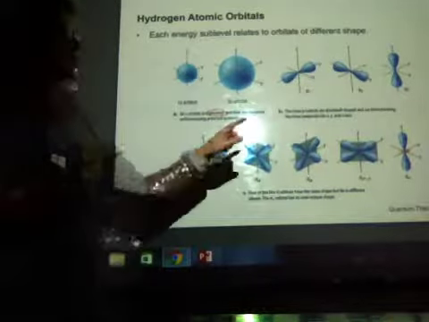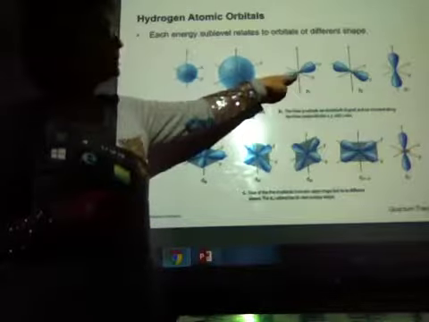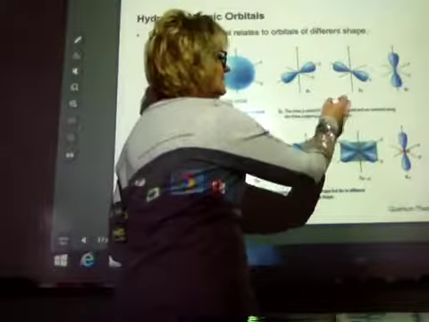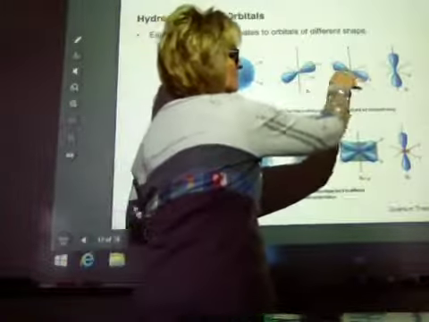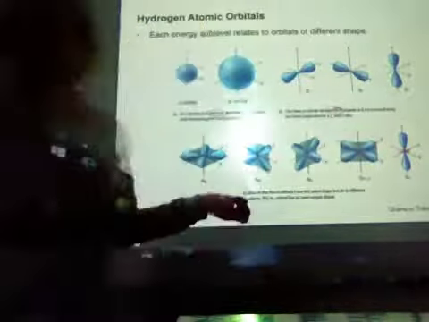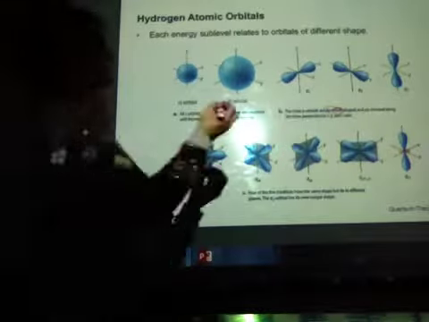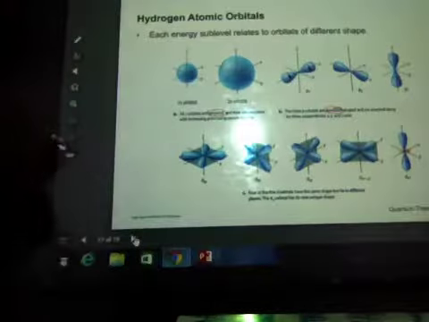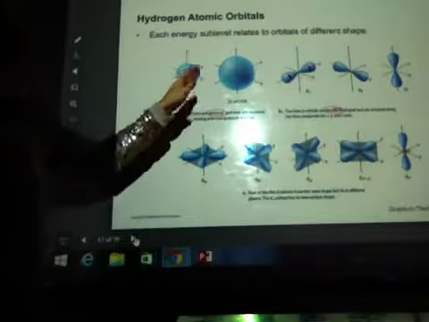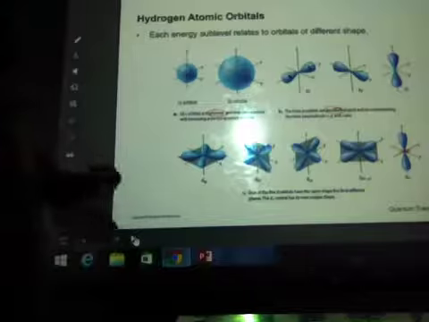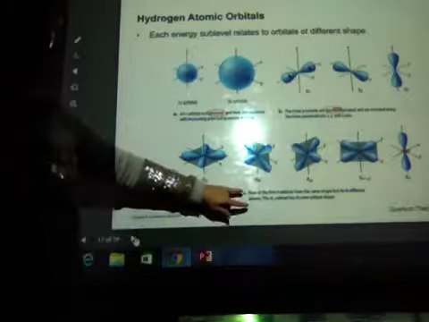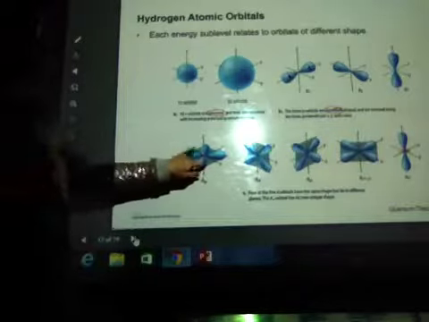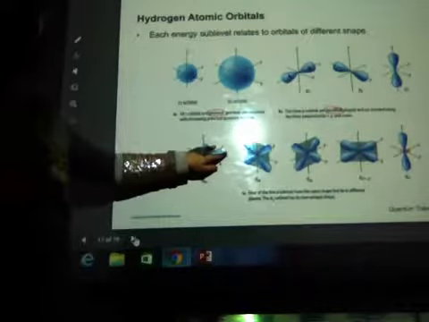Then there are 3 p orbitals. If I have a p orbital, it is dumbbell shaped. So it has 2 parts to it. 1 electron will go here and 1 electron will go there. So s is spherical, p is dumbbell, and if I have a d orbital, it's kind of like a clover leaf. It's going to have 4 parts to it.